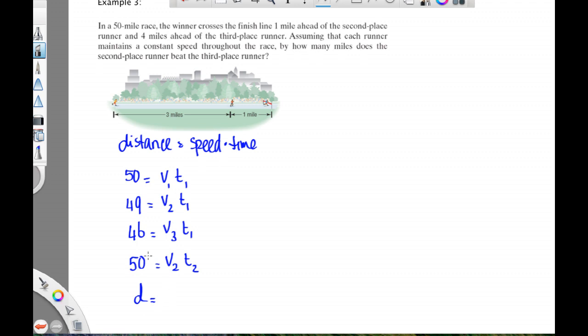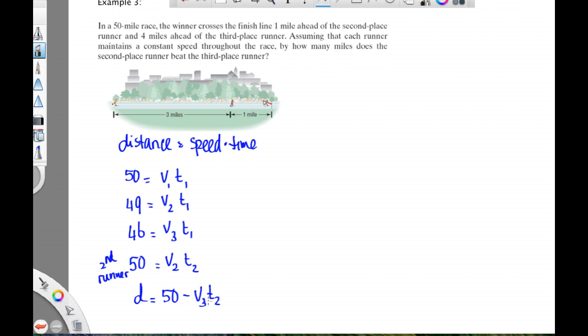The second runner runs 50 miles, and the third place runner runs that velocity times the second place runner's time at that moment. So these are the things that we know. Then somehow this mess I need to solve for. Okay?